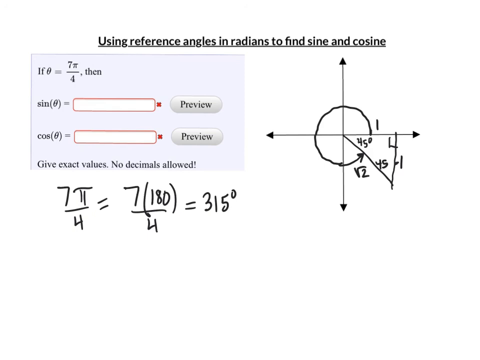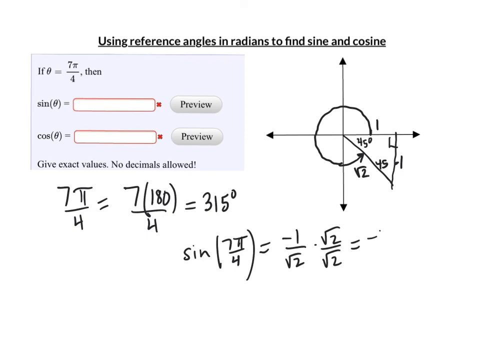So now we can find the sine and cosine. Here goes. The sine of 7 pi over 4. Use our reference angle. Sine is opposite over hypotenuse. So that is negative 1 over root 2, which will rationalize.